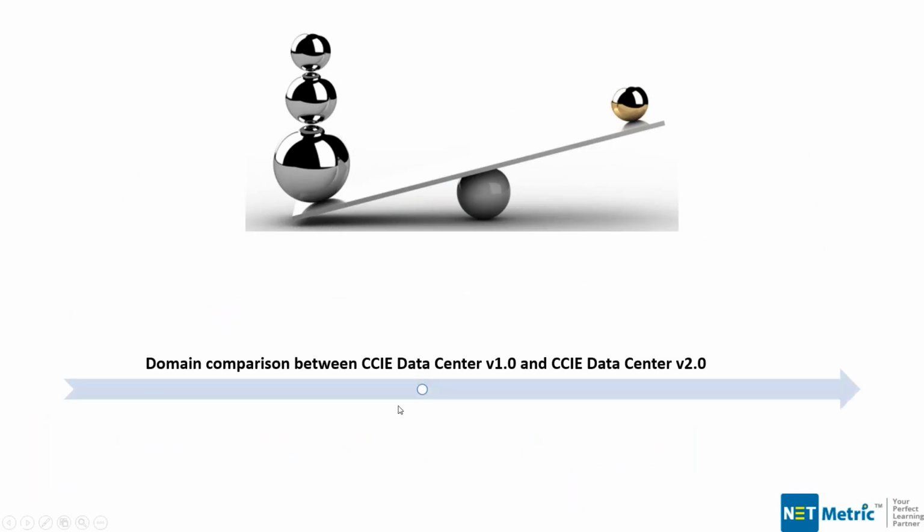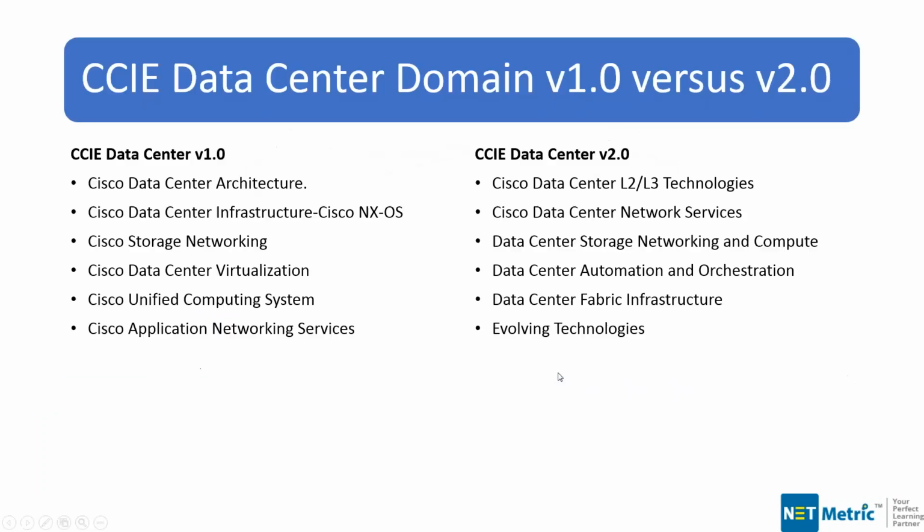Let us understand that. In this slide, we'll see the domain comparison between CCIE Data Center version 1 and version 2. Here you can see that CCIE Data Center version 1 has 6 domains: Cisco Data Center architecture, infrastructure with Cisco NX-OS, storage networking, data center virtualization, unified computing system, and application networking services.